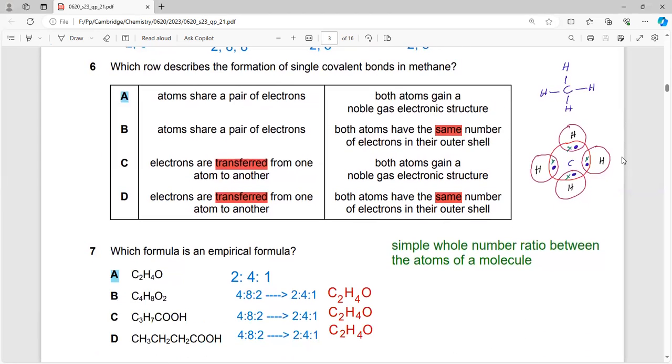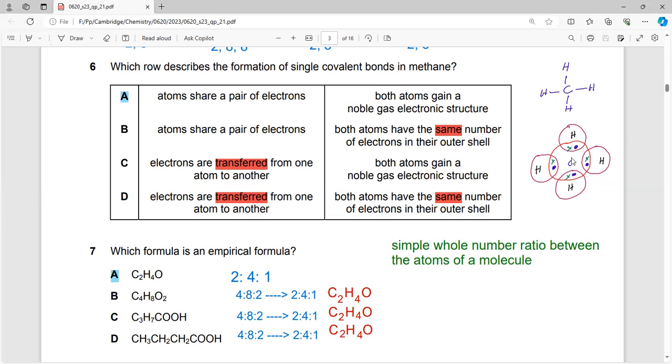Question number 6. Which row describes the formation of a single covalent bond in methane? You can see that carbon has 4 covalent bonds, and each hydrogen is sharing 1 pair of electrons with carbon. In the dot and cross model of methane, each hydrogen shares 1 pair of electrons with the carbon.